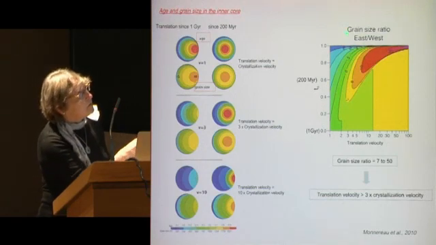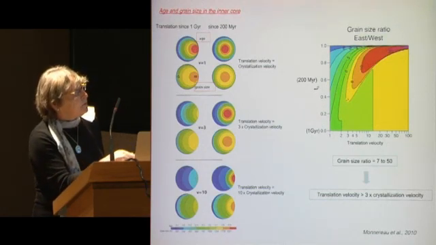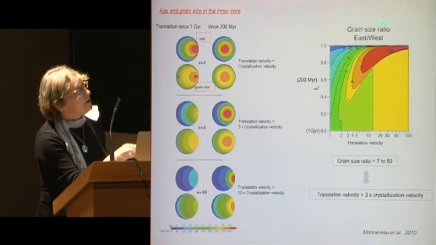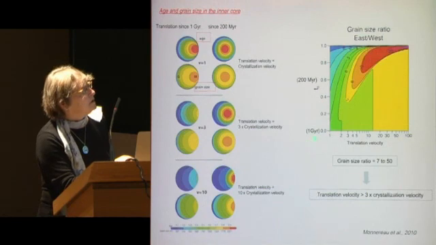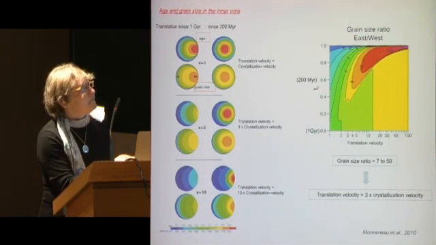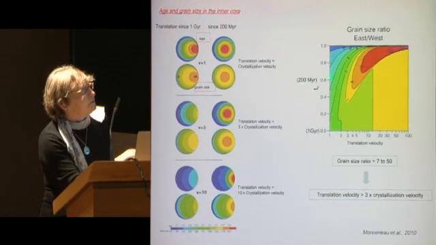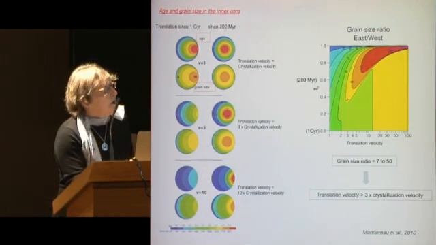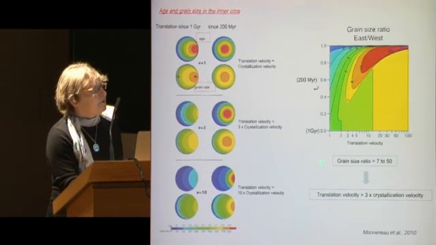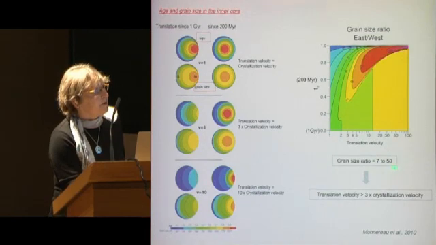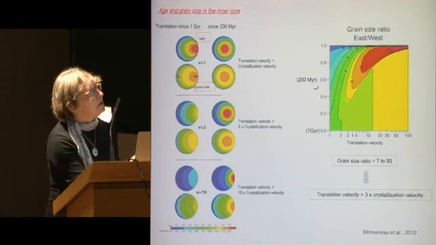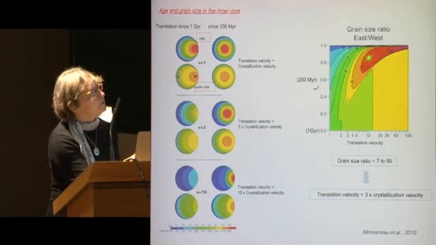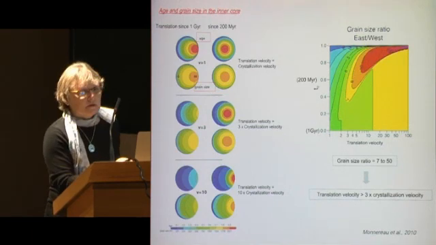On this figure here on the right is plotted the grain size ratio as a function of translation velocity and time of beginning of the process. So here, 1 gigayear, 200 million years. I said before that the grain size ratio is between 7 and 50. 7 corresponds to this yellow domain here. So everything on the right, yellow to red, could be accepted.